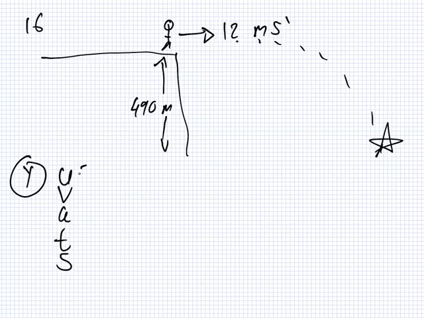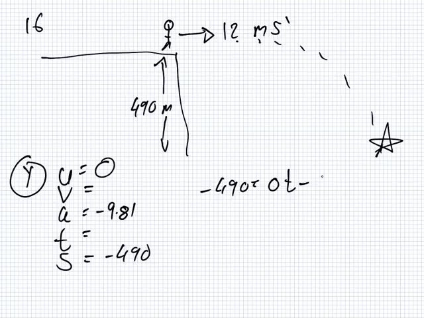UVATS, what's the U? Vertical. Not 12. No? 0. V we don't know. A is minus 9.81. T we don't know. And S? S equals UT plus a half AT squared.